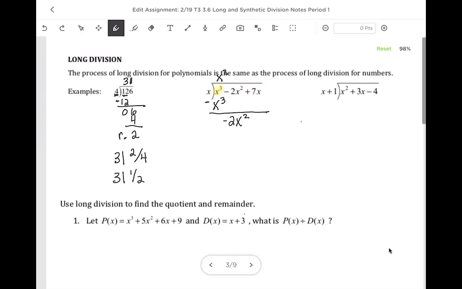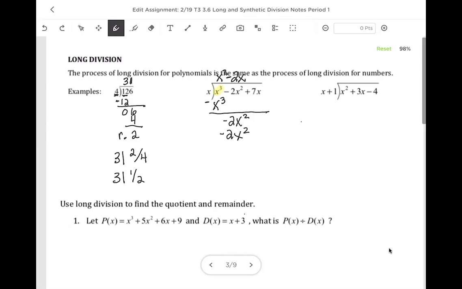Then I do the process again. So instead of thinking x divides into negative 2x squared, because that can be confusing, I take negative 2x squared and divide by x. And that's negative 2x. And so you multiply then x times negative 2, negative 2x squared.